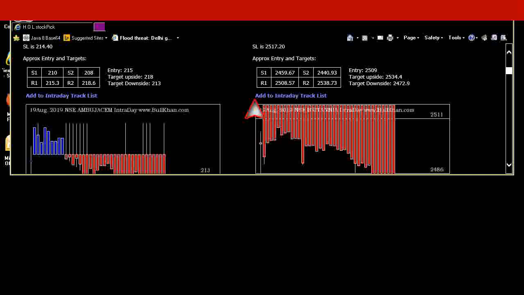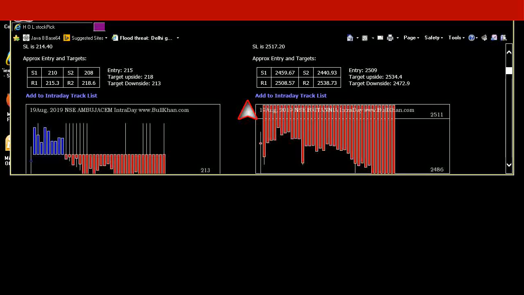And there are many other scanners also. There is a trend reversal scanner on this website which can give you up to 20 to 30% return. I'm not saying that it will give you 20 to 30% return every month. It's a positional scanner. It selects stock which you can hold for 20 days, 30 days.